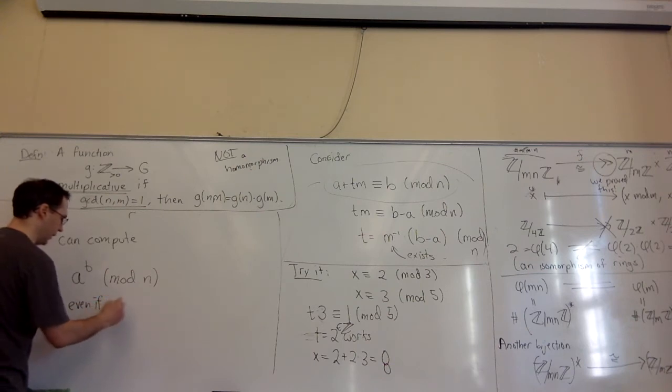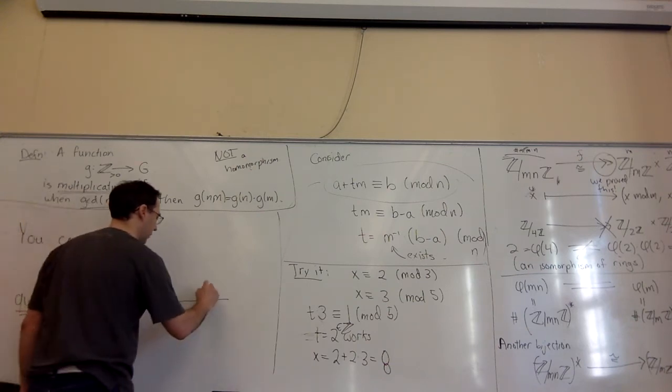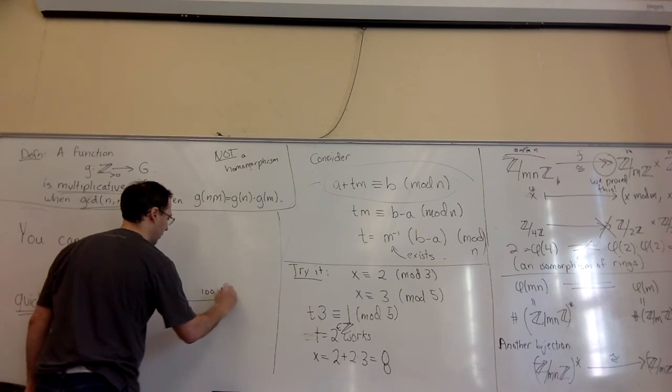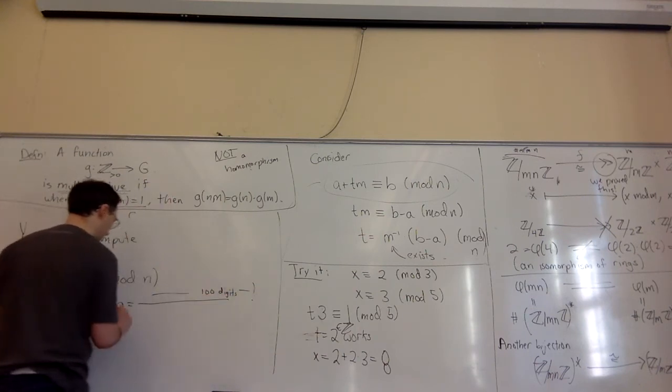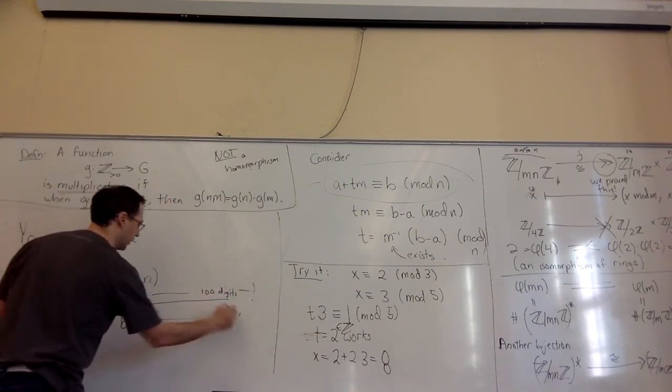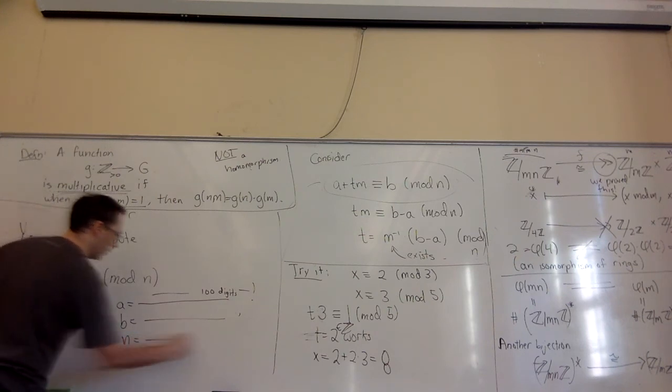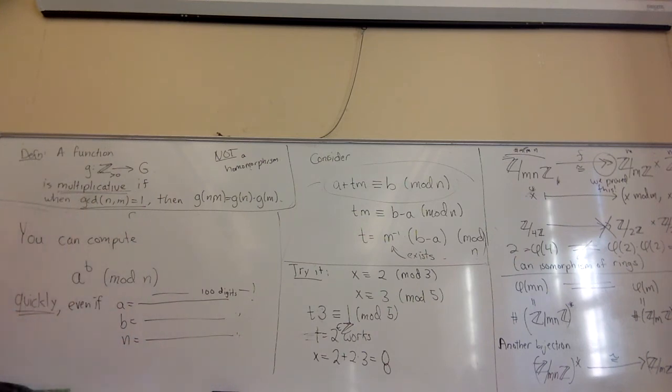Even if a is a 100-digit number, and b likewise, and n likewise. So even under that possibly scary thing, it turns out that if you try to compute this, it's extremely fast if you use the right approach.